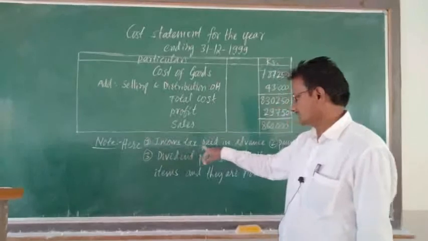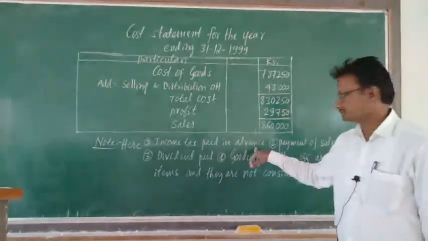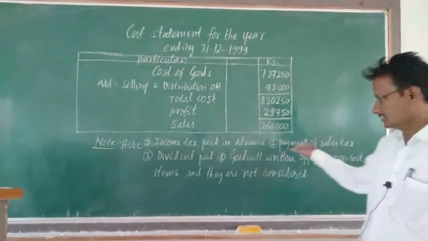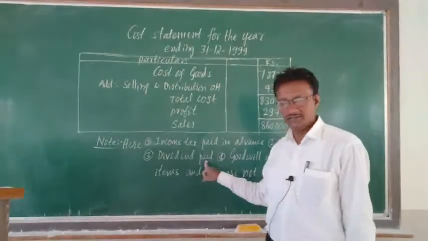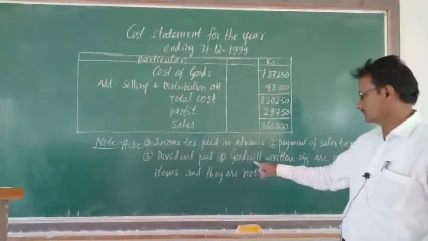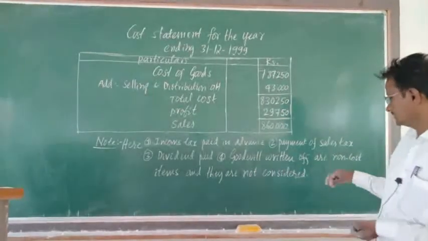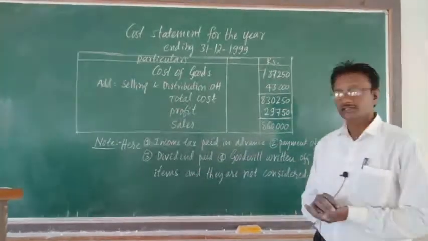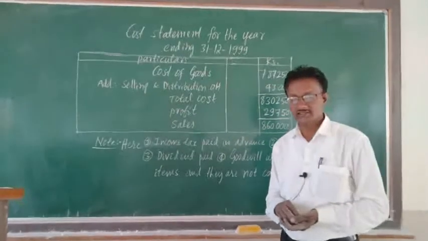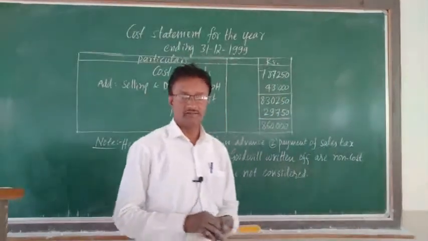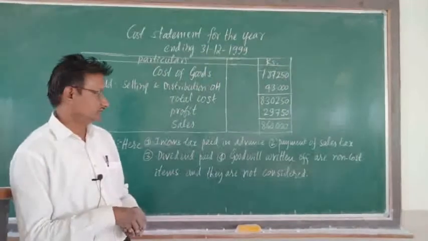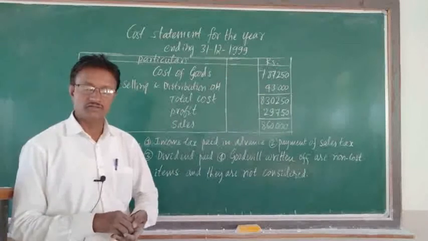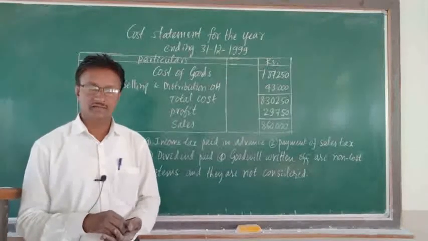Number 1, income tax paid in advance. Number 2, payment of sales tax. Number 3, dividend paid. And number 4, goodwill written off. These are non-cost items and they are not considered for preparing cost sheet. So we have to write note for those items because they are not taken into consideration while preparing cost sheet.